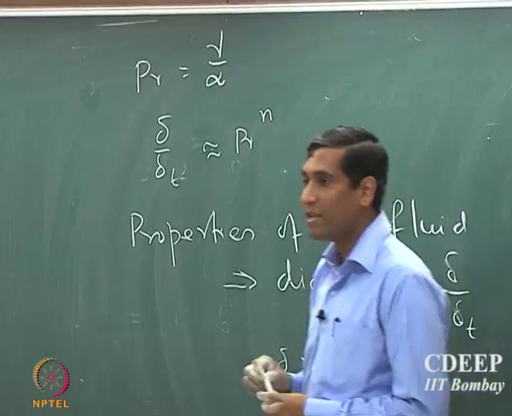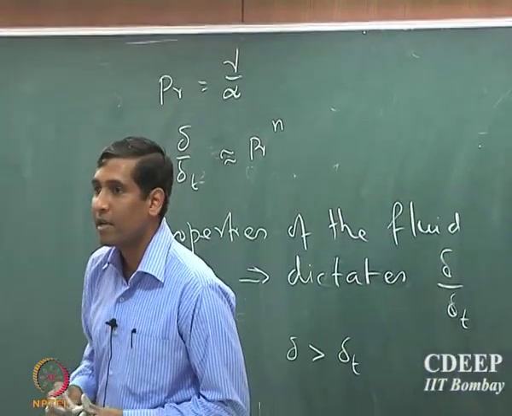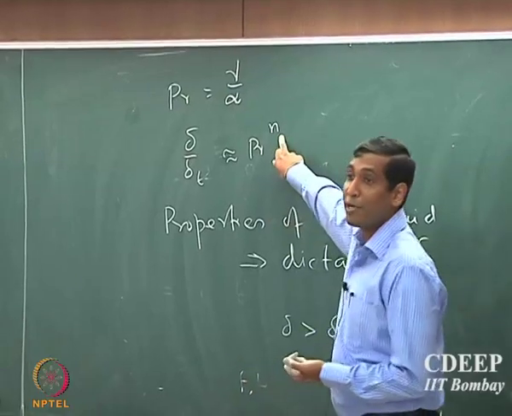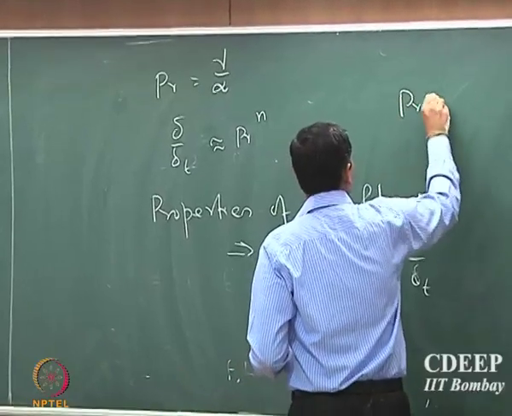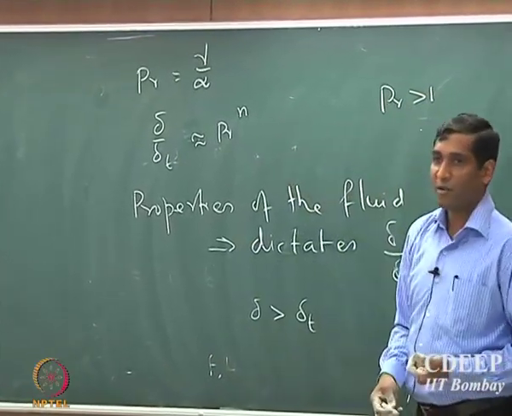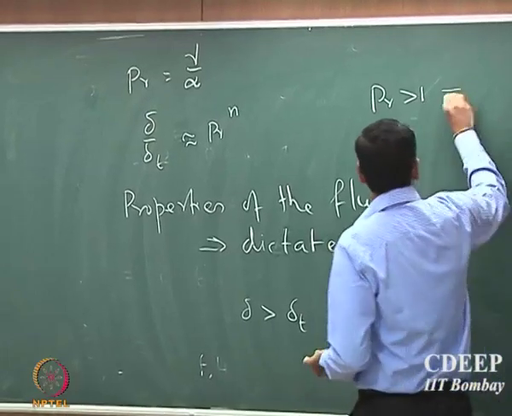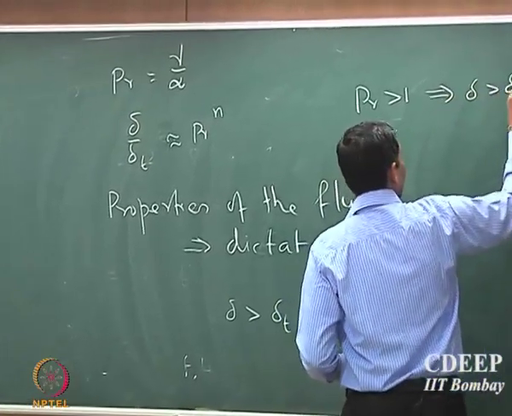It will be greater than 1, but remember there is an exponent n, right. So if Prandtl number is greater than 1, you will always see that delta is greater than delta T.